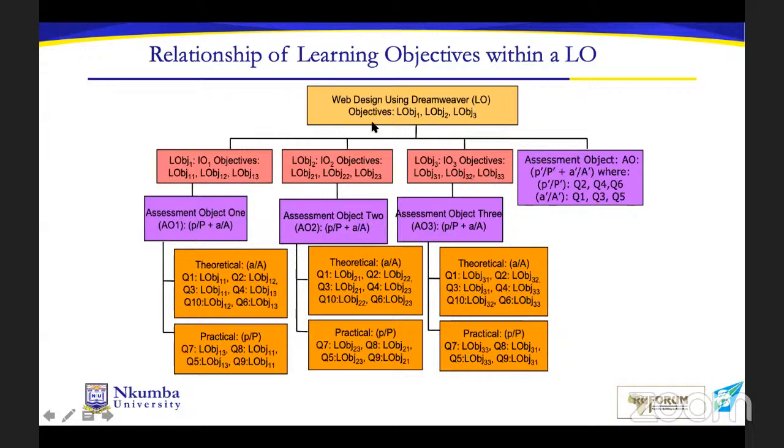One information object will take care of objective 1, another one will take care of objective 2, another one will take care of objective 3. But then, under these information objects, there is an assessment there, an assessment there, and an assessment there, to assess attainment of objective 3, objective 2, and objective 1.